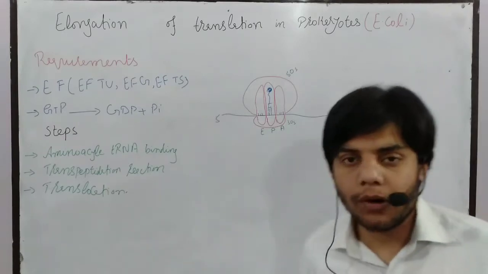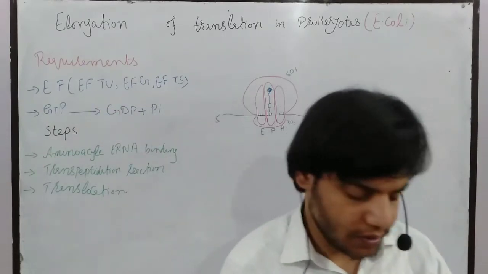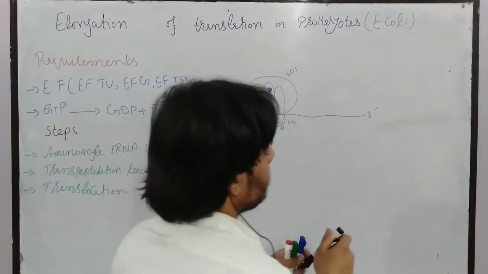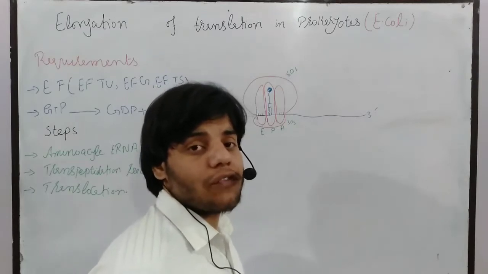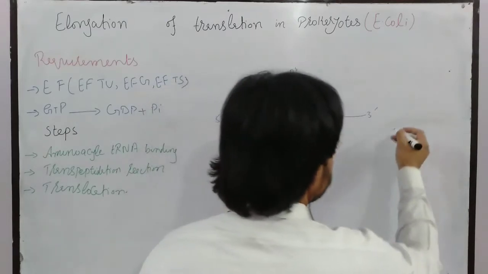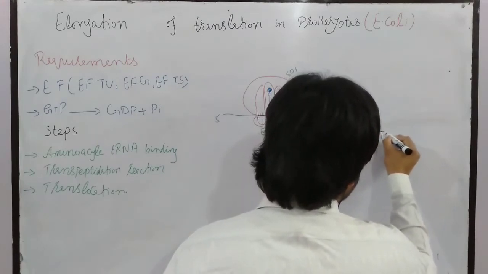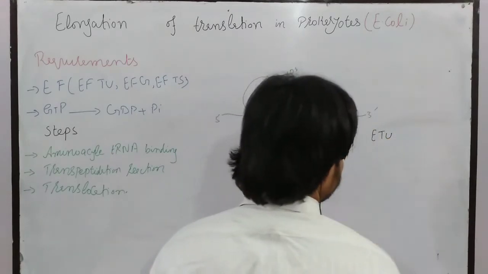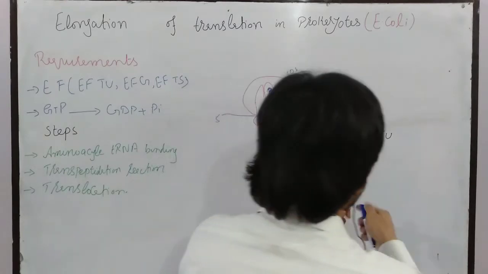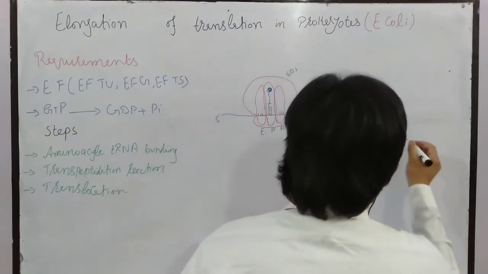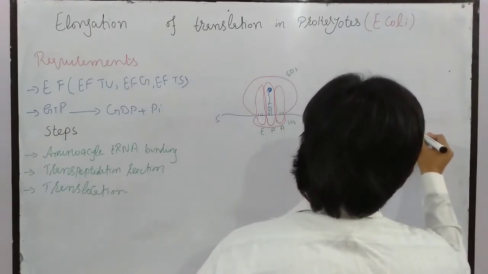First of all, what happens? Elongation factor Tu gets activated. For the first time, the EF-Tu, elongation factor Tu, gets activated. And elongation factor Tu comes along with GTP.